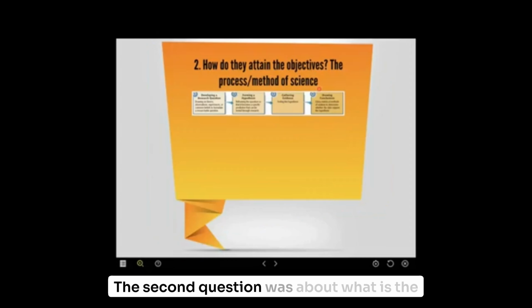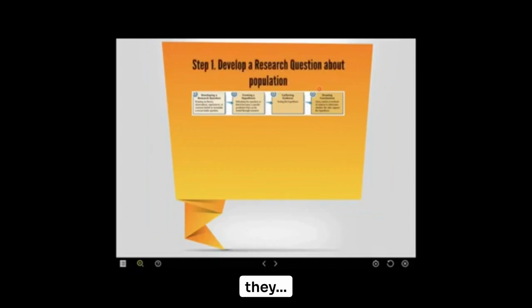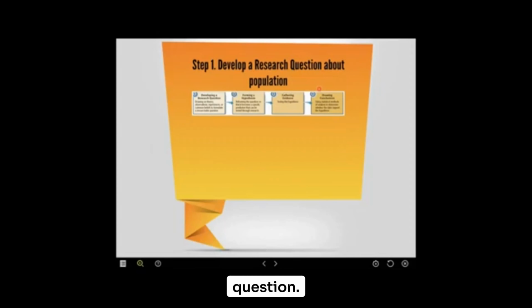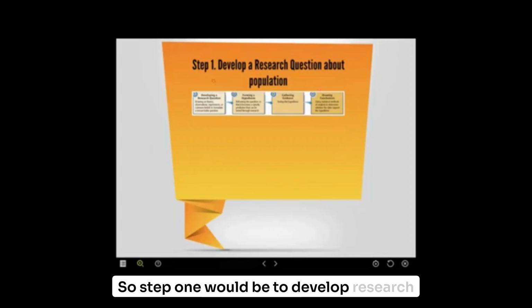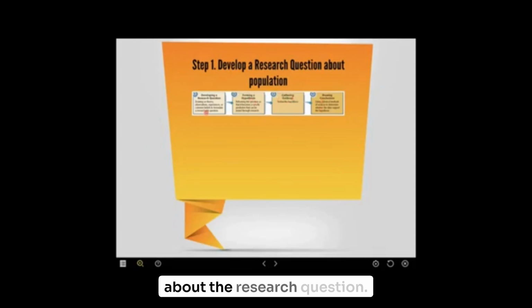Now, the second question was: what is the process of conducting research? When researchers have a question, they specify it and develop what is called a research question. So step one is to develop a research question. Step two is to frame a research hypothesis, and step three is to gather information to test the hypothesis and then draw conclusions about the research question.